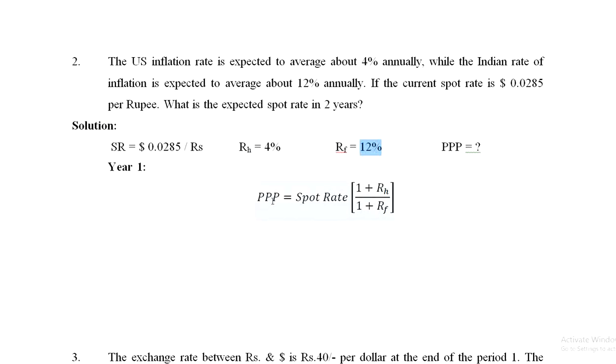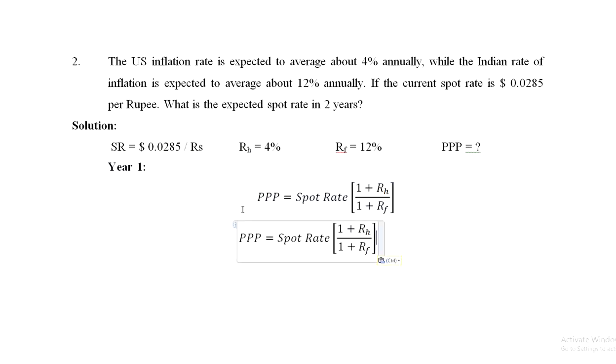So I am going to use this first formula. Purchasing power parity is equal to spot rate times 1 plus interest rate in home country divided by 1 plus interest rate in host country. Right now I am going to find it for the first year. Later on we are going to find it for the second year. So let us replace these values.